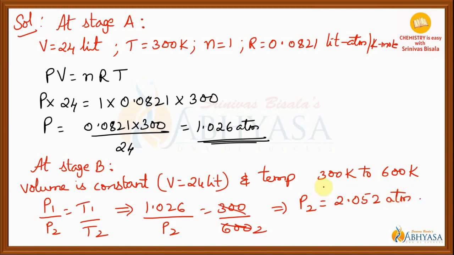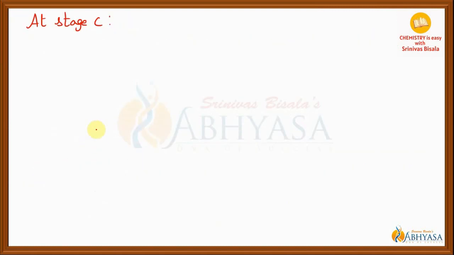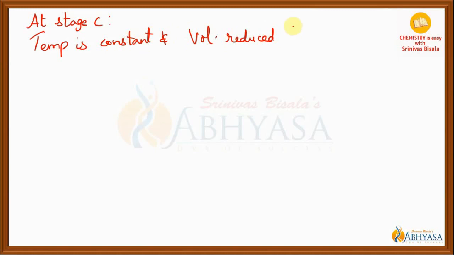So let us calculate at stage C. When C is converting into A, temperature remains constant and there is a change in volume. Again recollect the statement: whenever temperature remains constant, and here the volume reduced to half of the original value, because originally it is 24 liters at A, now it became 12 liters.